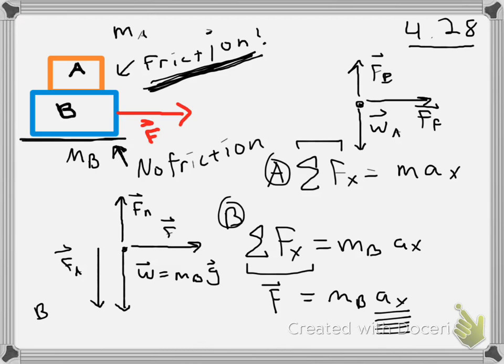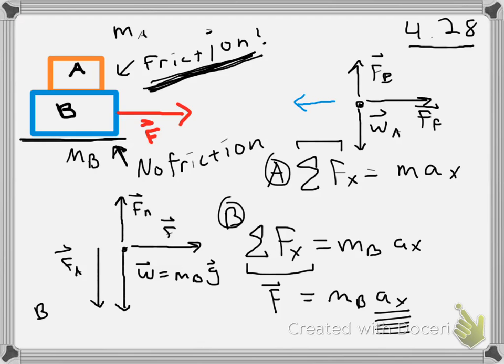Block A is not moving on block B. And if you ask yourself, if block B is going to move, which direction is it going to move? If you're sitting on block B watching block A, and block A is going to move on you as you start to accelerate, you're going to see block A moving like this, right?